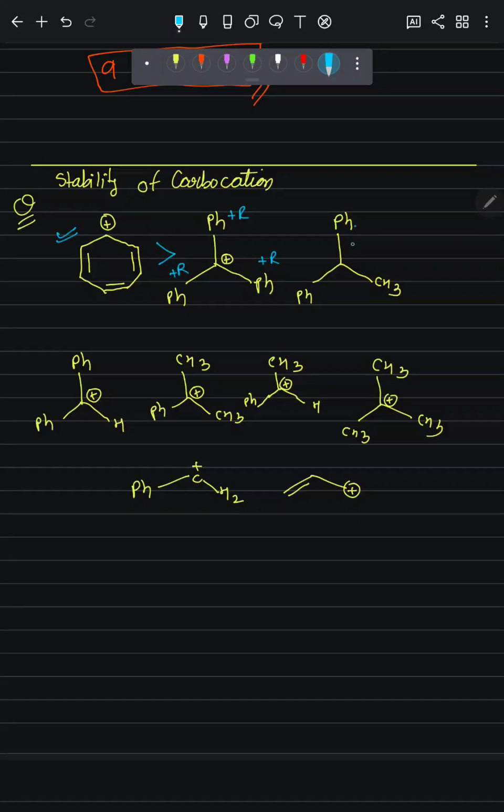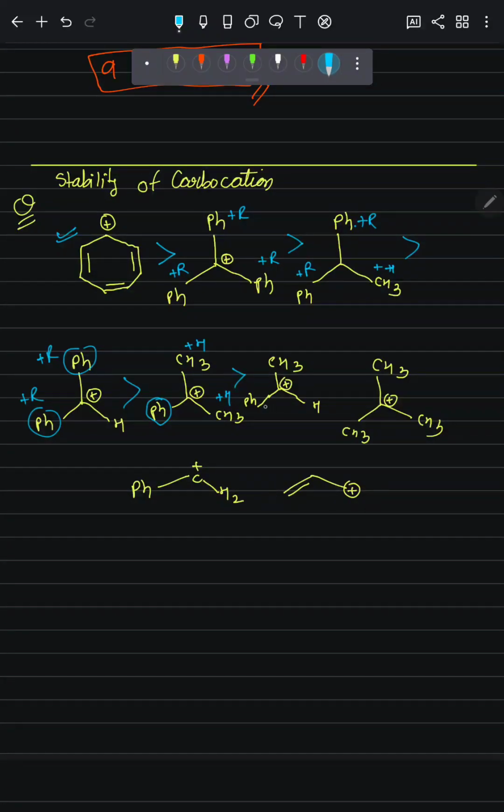And here two rings are applying plus R and one is plus H. So this will be more preferred as compared to where fewer R groups are present. Here two groups are present compared to this, and this will be more stable, because here two phenyl groups are present, so plus R, and here plus H and plus H, so this will be more preferred.